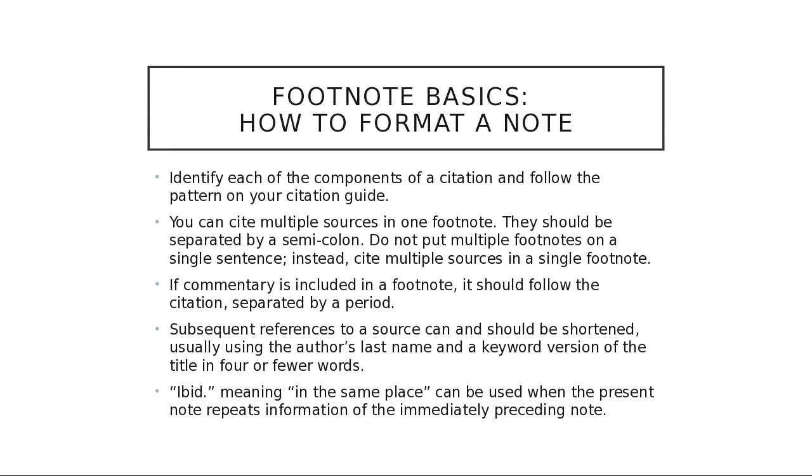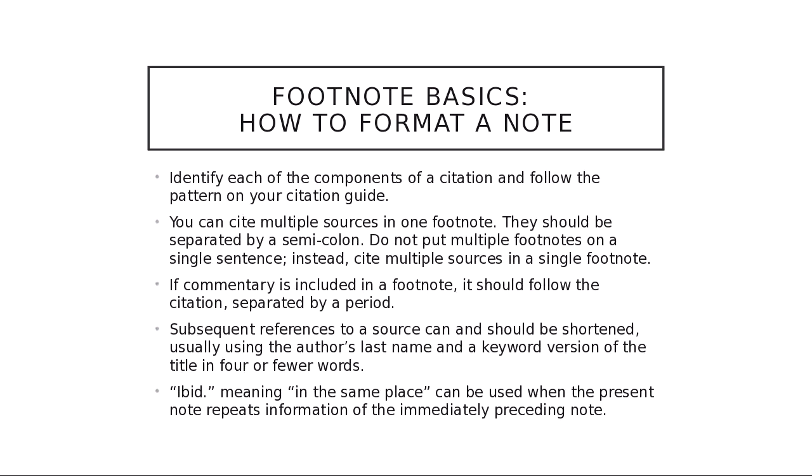Two other features of footnotes, and these are for simplicity's sake. Once you cite a source the first time, you can shorten the footnote in order to get rid of unnecessary text. We use a shortened citation form, which is usually the author's last name and a keyword version of the title, followed by a page number.